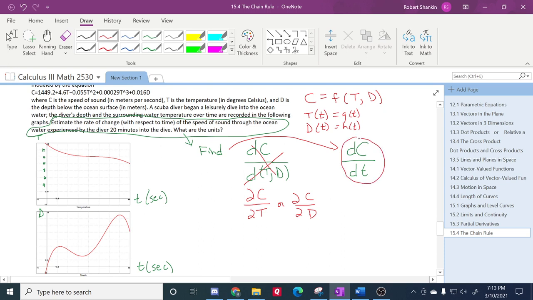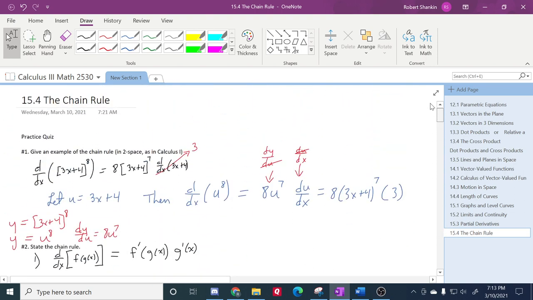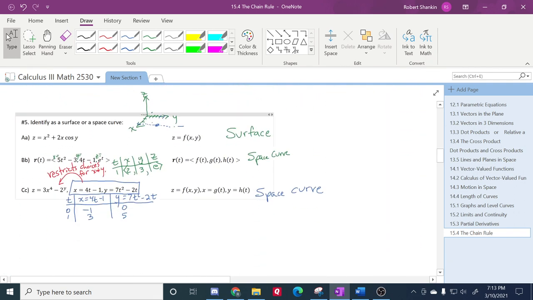Now, this hopefully should feel a little bit familiar from our practice quiz, when we were looking at this three-space surface, space curve.